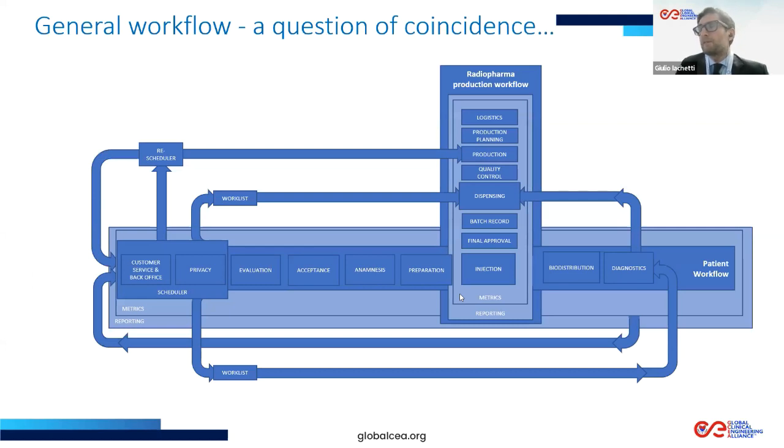Here you have, I think, the core of this presentation. There are the patient flow and the radiopharmaceutical production flow. I want to give evidence of the injection phase. That is the question of coincidence.